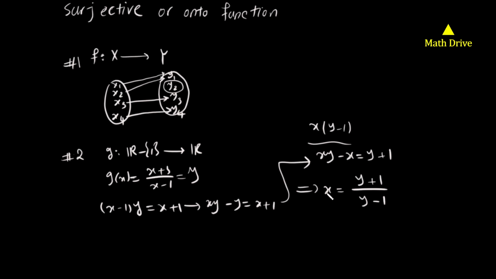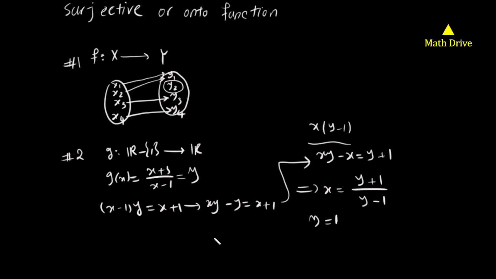Now we can see, because x covers all the set of real numbers R minus 1, we know that y equal to 1 cannot be defined in this function, meaning the output of g(x) cannot be equal to 1.